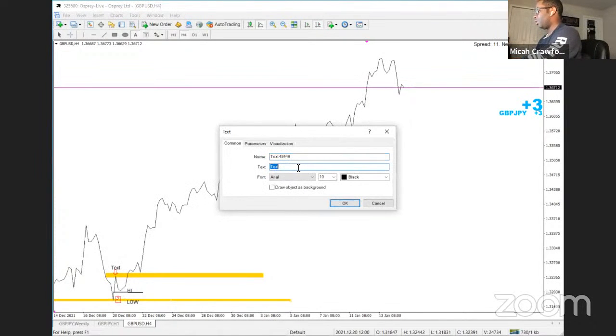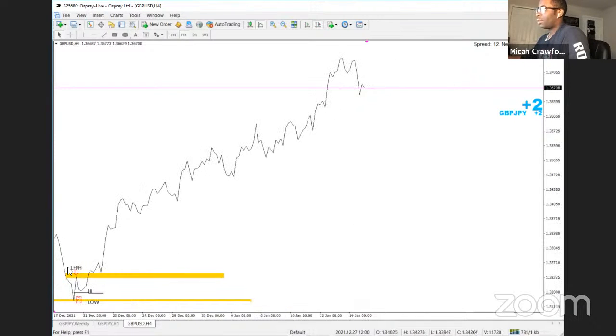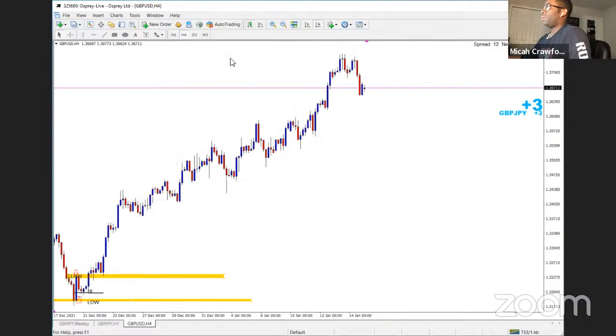So we're just going to put LH / high. All right, so we broke above, correct? Maybe you all can see it with the candles better.